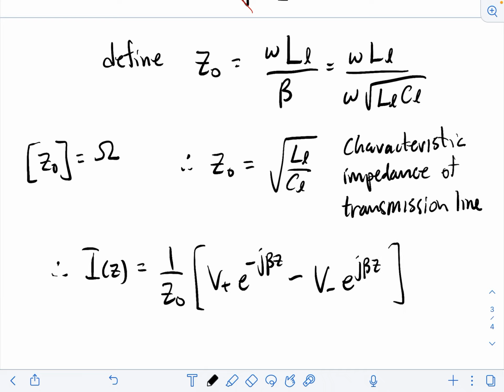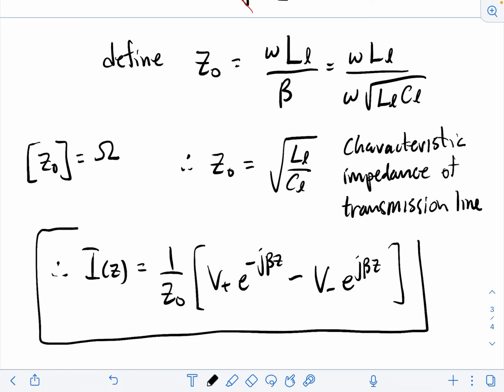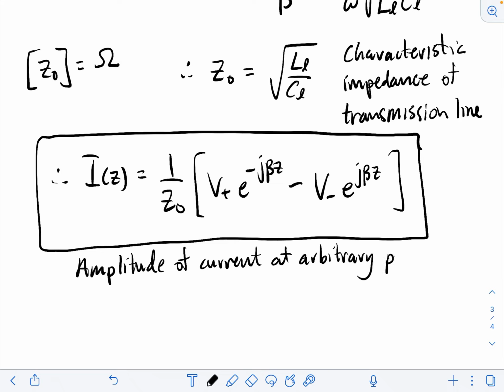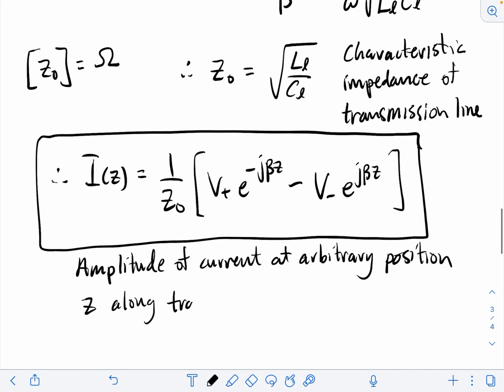And so this is our expression for the amplitude of the current at an arbitrary position z along the transmission line.